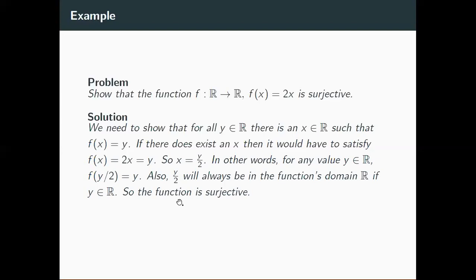So we've shown that this function is surjective. We've shown that if you have any real number y, there's always a number that maps to it, namely y over 2. And this number which maps to it is also going to be in our domain. That's a small thing that we need to check, because sometimes the number that maps to it might follow the rule, but it might not actually be in the domain. But in this case, that's all good. So the function is surjective.